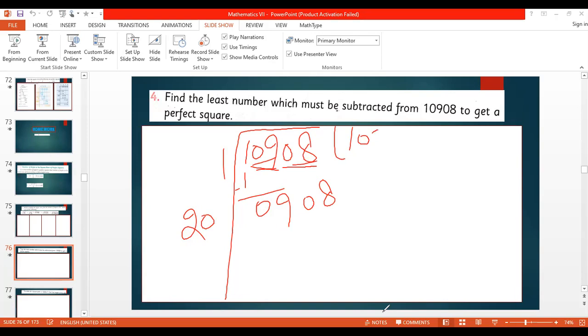So if I take 4 over there and 4 there, 4 4s are 16, so 1 carry, then 4 zeros are 0, the 0 and 1 will be 1, and 4 2s are 8.